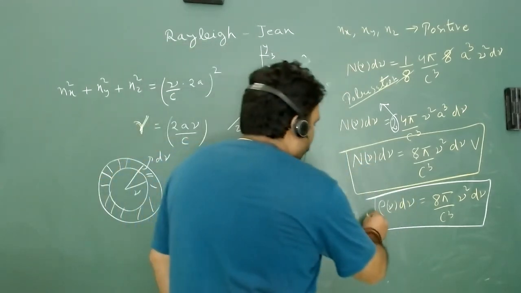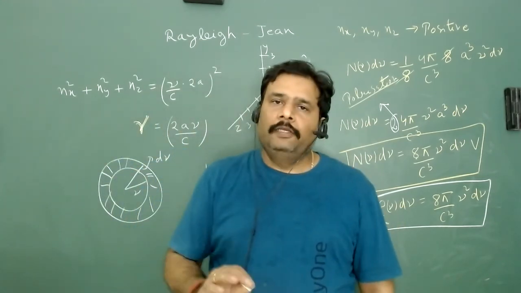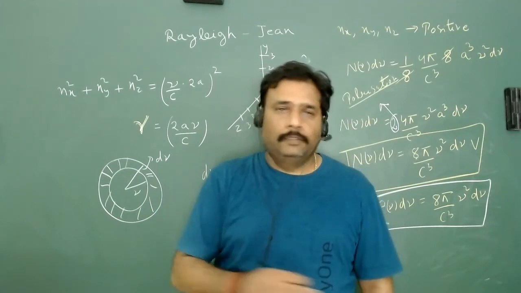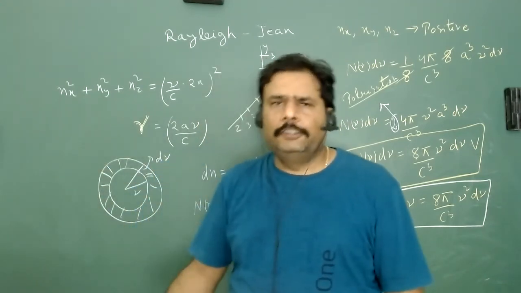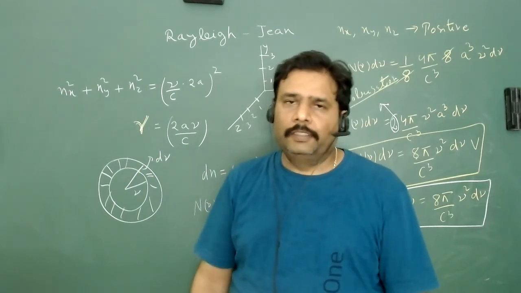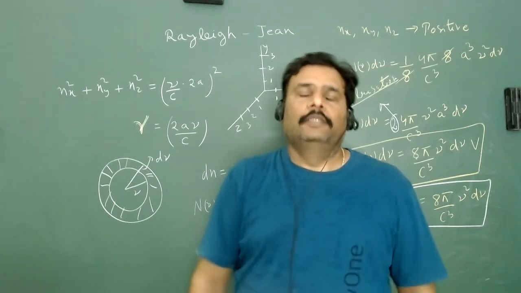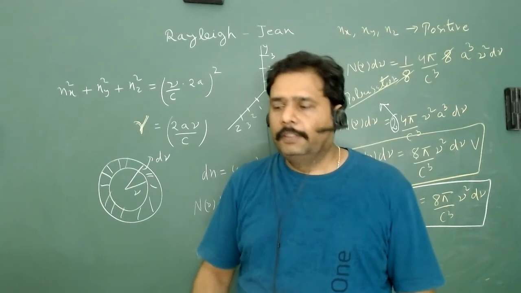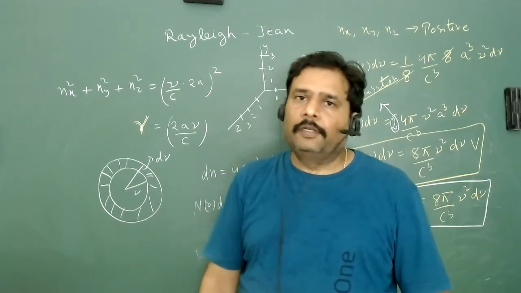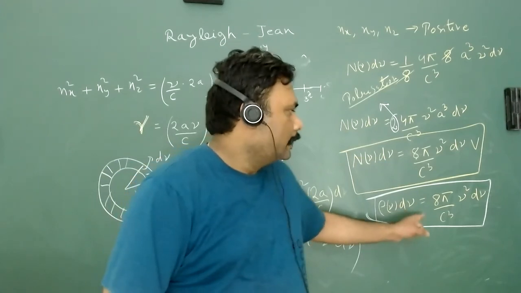We will use this relation and see how this particular relationship can be used to determine the energy or intensity of black body radiation, and we will see how strong these are, or what is the limitation behind all this calculation. So we will discuss all other things in the next class, starting from this expression.